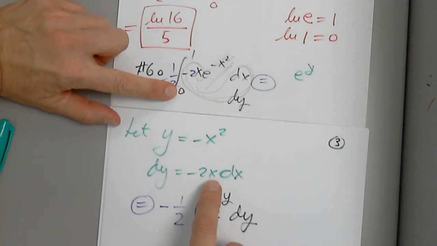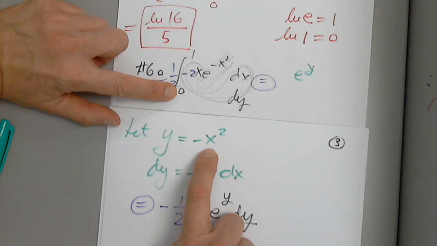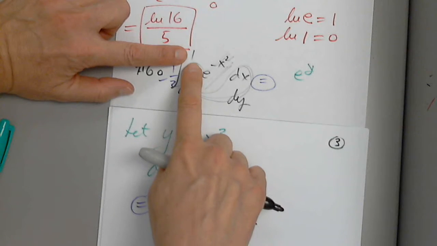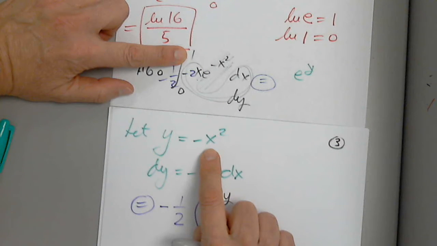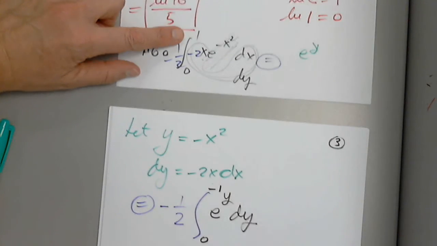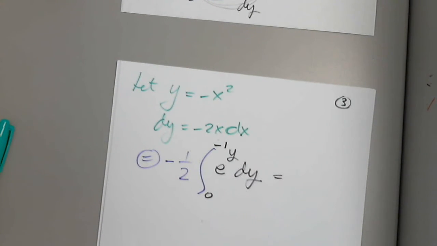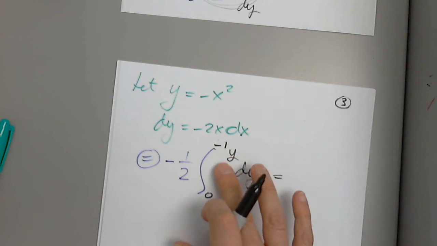When x is 0, what is the lower limit for y? Excellent. When x is 1, what is the upper limit for y? Careful. -1. Perfect. So what function prime is e to y? What function do I differentiate to get e to y?